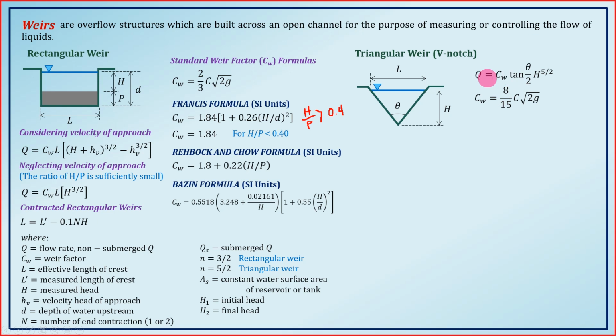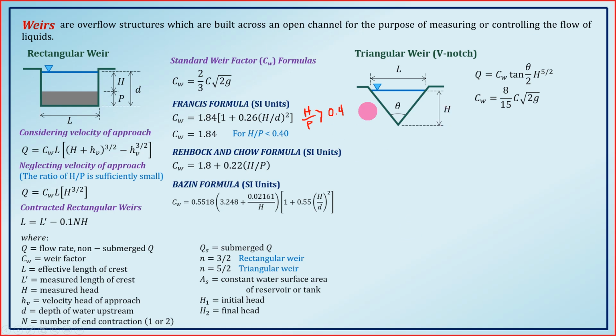And this equation for Q is, ayan, neglecting the velocity of approach. Yung Q natin dyan. Wala naman tayong mga problems ng triangular weir na considering the velocity of approach. Sa rectangular lang siya. Ayan. Then, we have a special weir na triangular, which is a 90-degree weir.